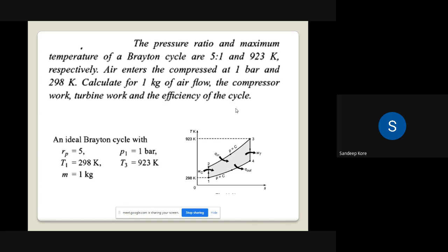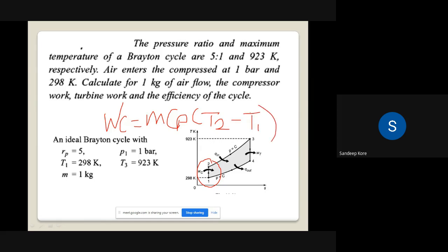So what is compressor work? We get compressor work from process 1 to 2. So compressor work, we write WC is equal to m Cp into T2 minus T1. T1 we know.